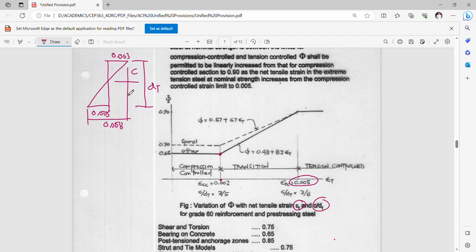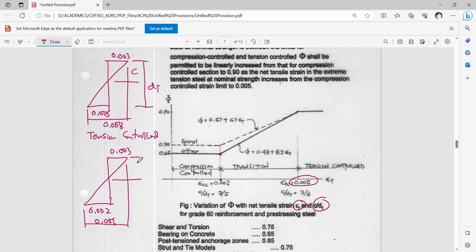So this is for the tension-controlled section. And for compression control, it's just similar. So you can get here 0.003 and 0.002. So this will become 0.005.